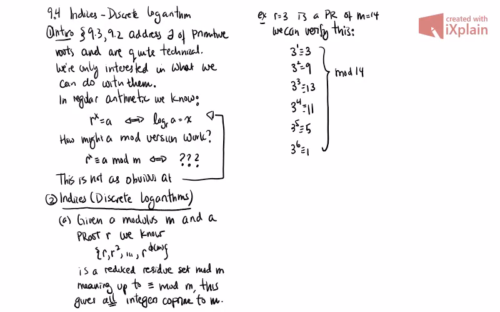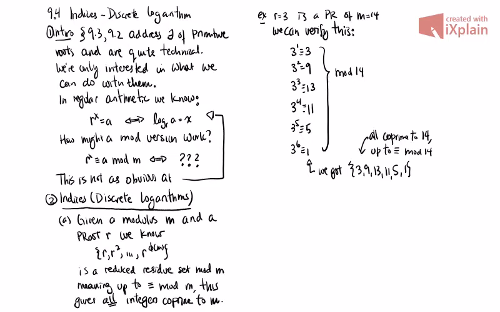If you notice the list of outputs, we got 3, 9, 13, 11, 5, and 1. This is everything that's coprime to 14, up to congruence mod 14. For example, I have 1, so I don't need to list 15 separately because it's congruent to this.